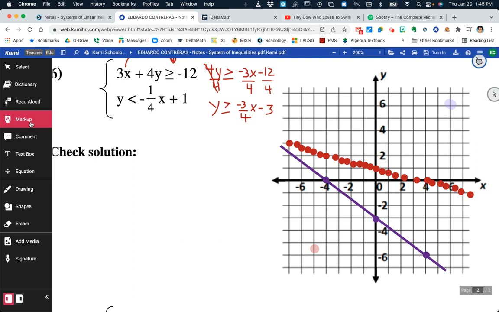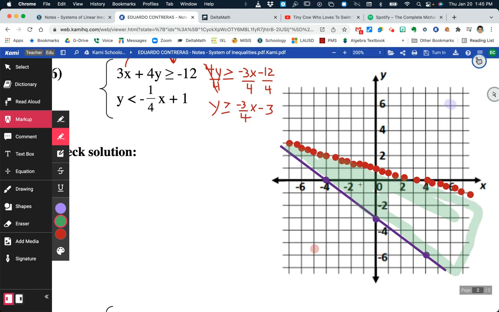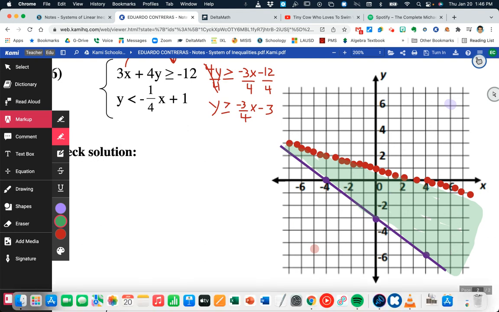So that's the only part I'm going to shade. So this is the solution.